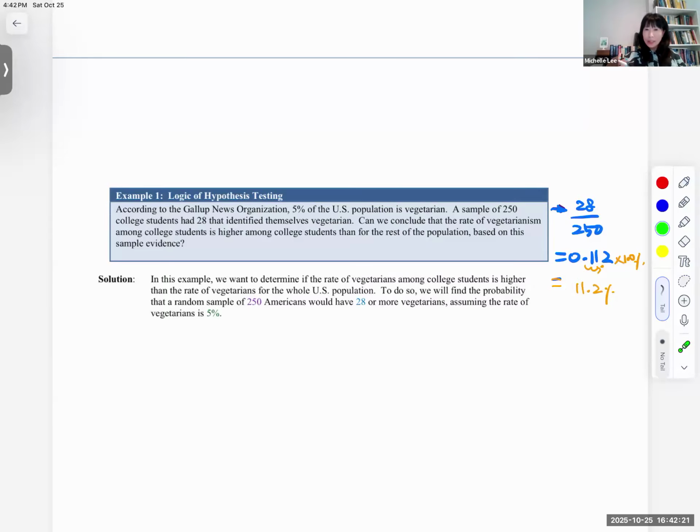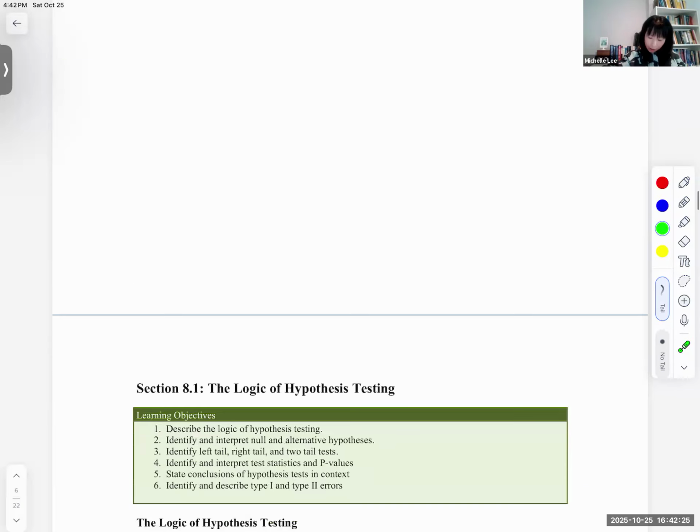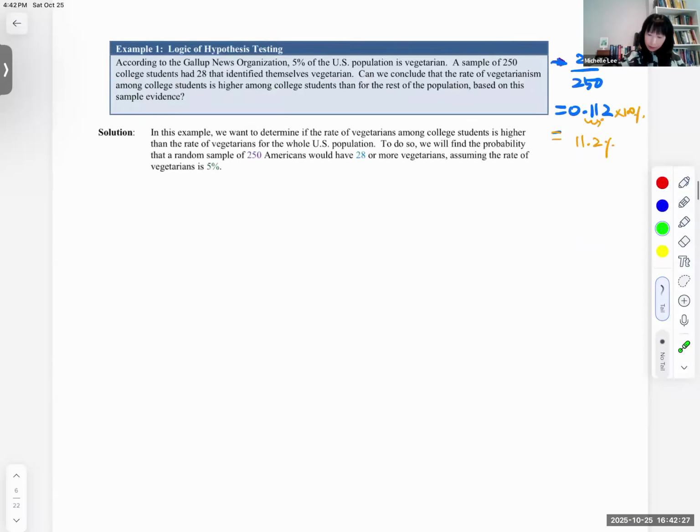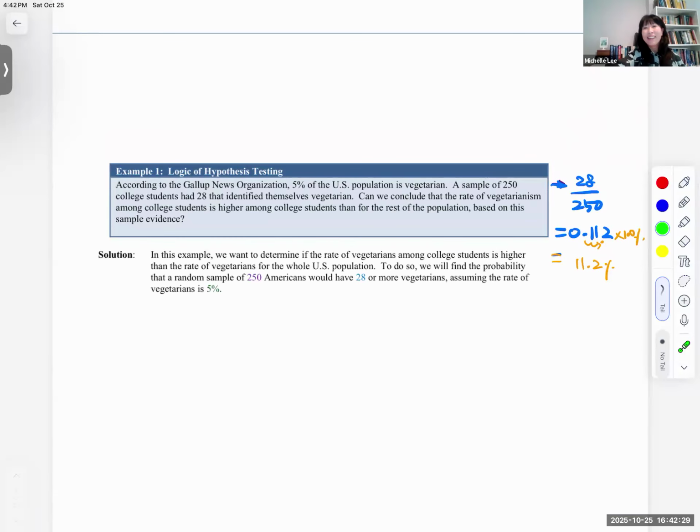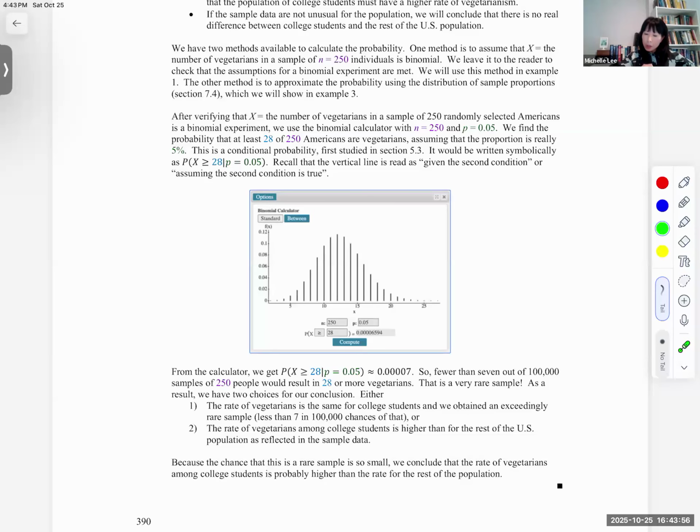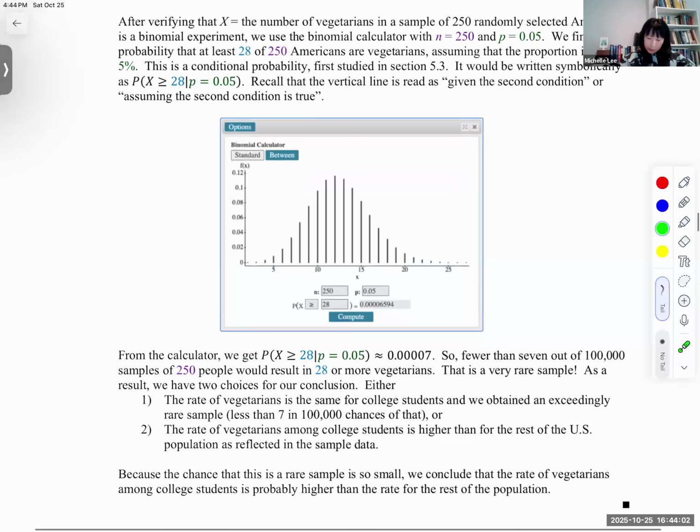Statistically, how do you prove it, right? So let's take a look. Okay, we are using StatCrunch. This is from the binomial. So n equals 250, and for the proportion we put 5%, which is 0.05 right here.